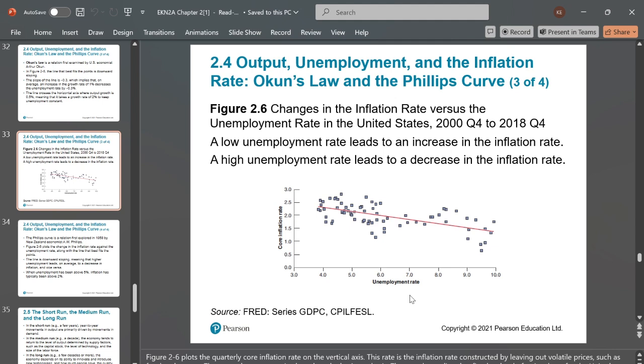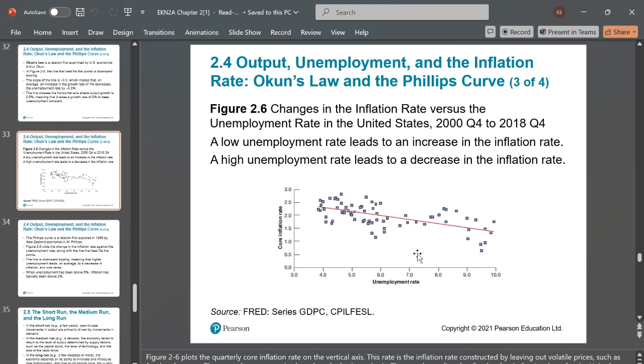And then we go on to inflation and unemployment rate. It is also downward sloping, showing that there's a negative relationship between the two. How so? When we have unemployment that is higher than normal, think of it in the sense that there's less income in the economy.